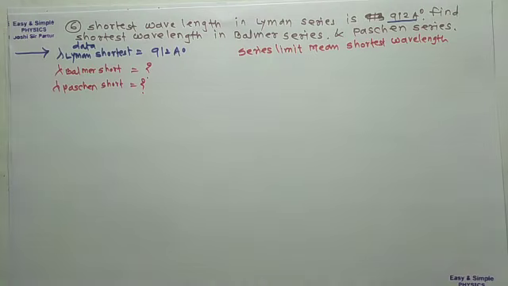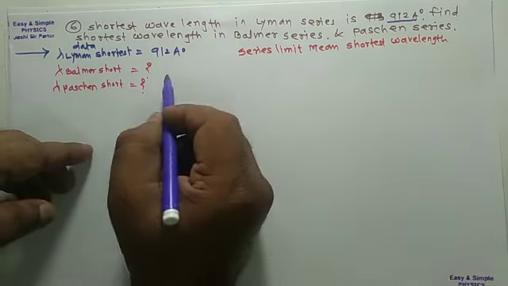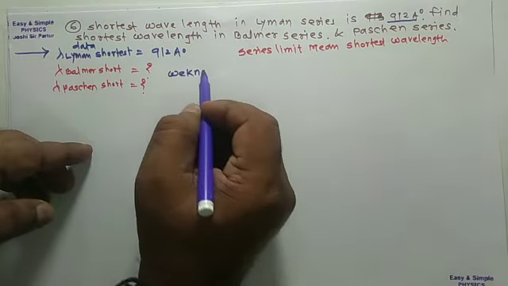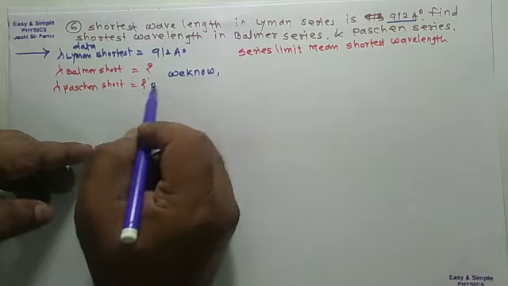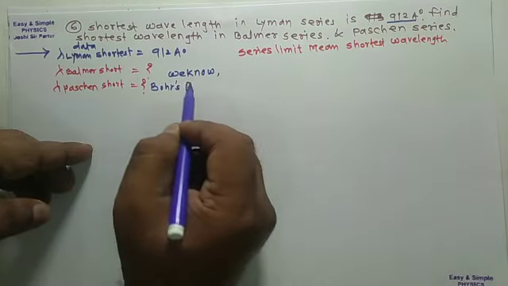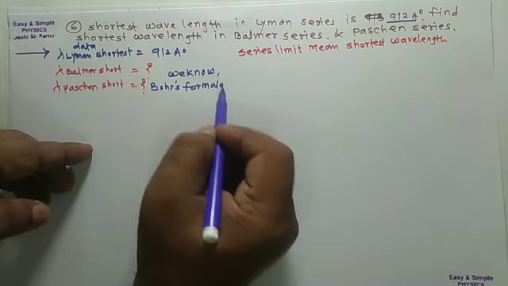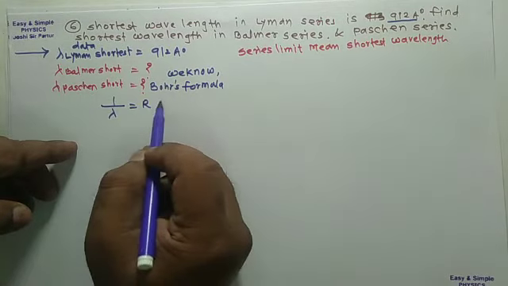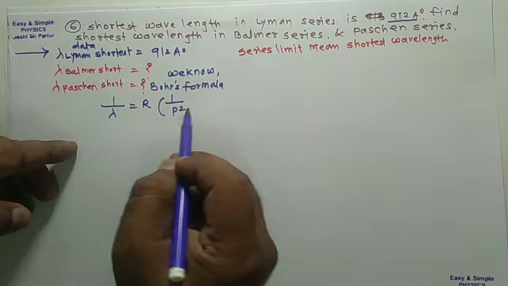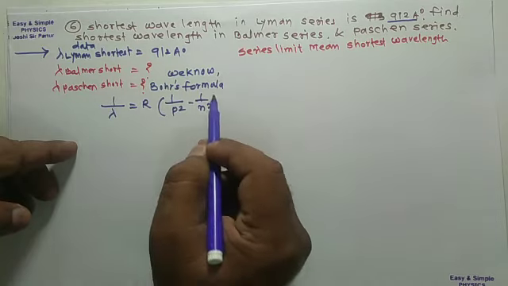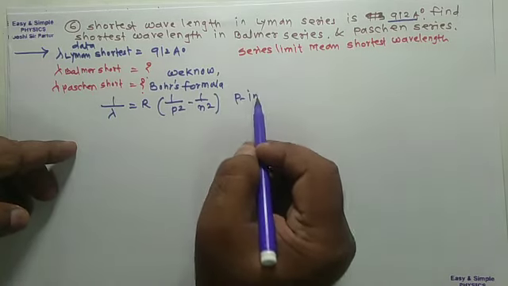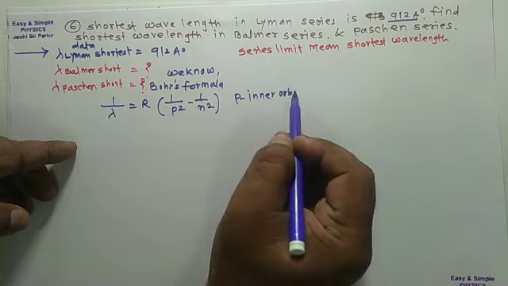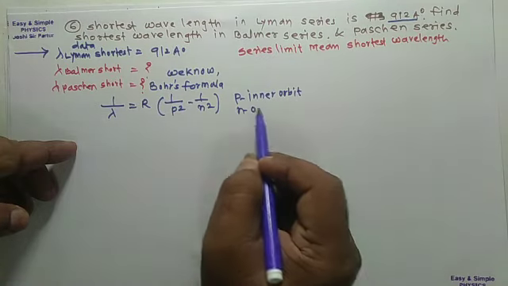Similarly, a similar method is given as if we know the formula for Bohr's formula. Bohr's formula will be 1 upon lambda equal to capital R in bracket 1 upon p square minus 1 upon n square. p is inner orbit, n is outer orbit.